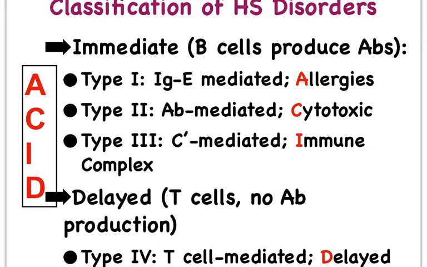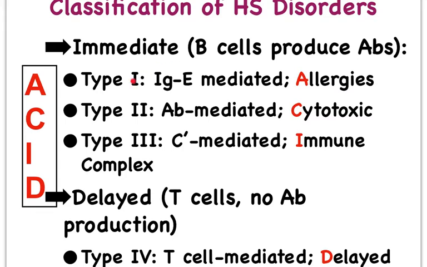The immediate ones, the first 3, are all going to involve some kind of antibody or antibodies, despite their nicknames. So type 1 is referred to as IgE mediated. Type 2 is also antibody mediated, but not via IgE. In the case of type 3, we're going to see that together with the antibodies, complement gets involved as well.